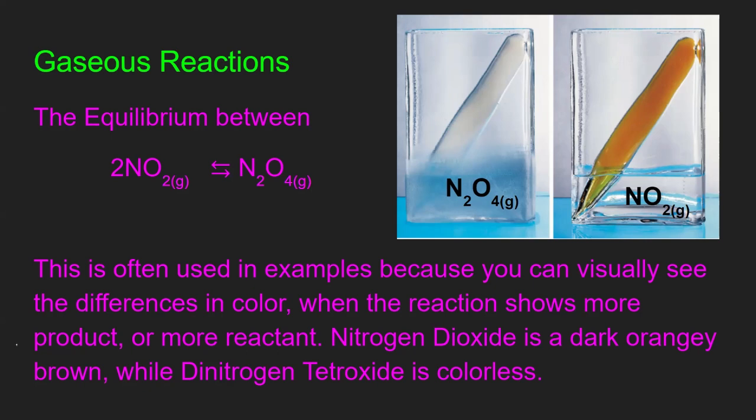Changing the arrangement of the atoms to form a different molecule means you actually changed the chemical. So you can see that it is actually a chemical change. You see the difference in color, and that has to do with temperature change.